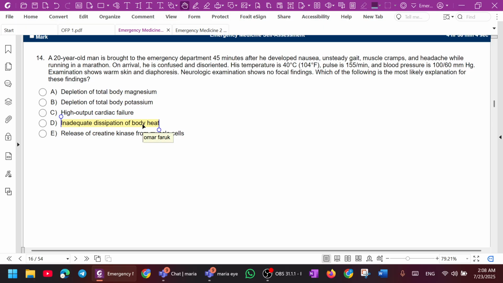Maybe muscle is breaking down, so there is release of potassium. I can describe hyperkalemia due to breakdown of the muscle during heat exhaustion or heat stroke.